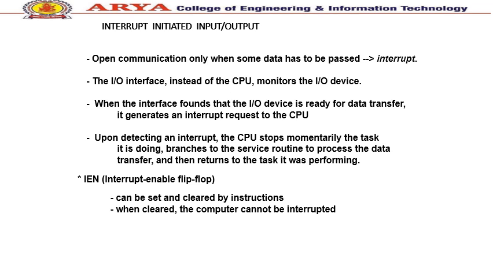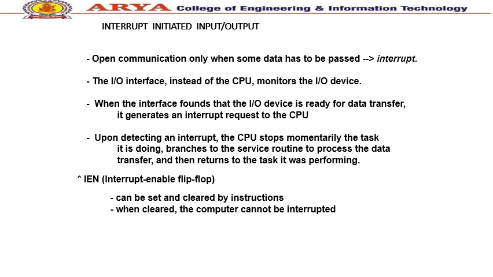Interrupt. The input output interface, instead of the CPU, monitors the input output device. When the interface finds that the input output device is ready for data transfer, it generates an interrupt request to the CPU.